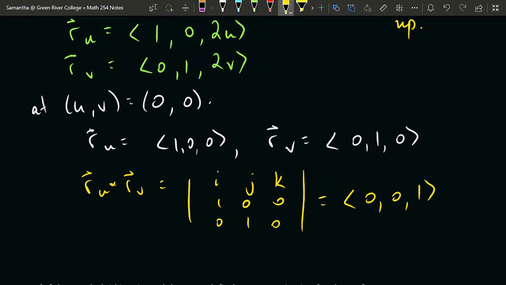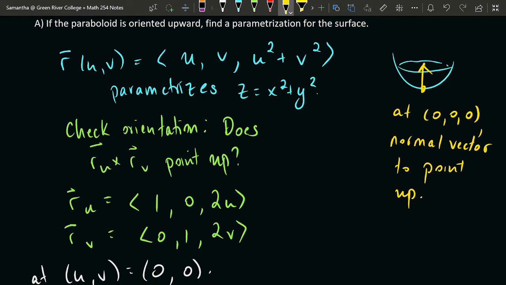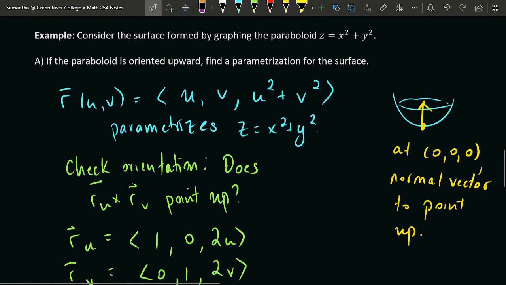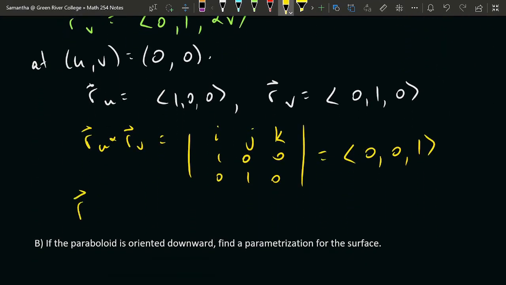Now I can confirm that 0, 0, 1 does in fact point up, and therefore it has exactly the same direction as the normal vector that we chose when we said orient upward. Therefore, r of u,v equals x equals u, y equals v, and z equals u squared plus v squared would be an acceptable parametrization for this surface with this orientation.